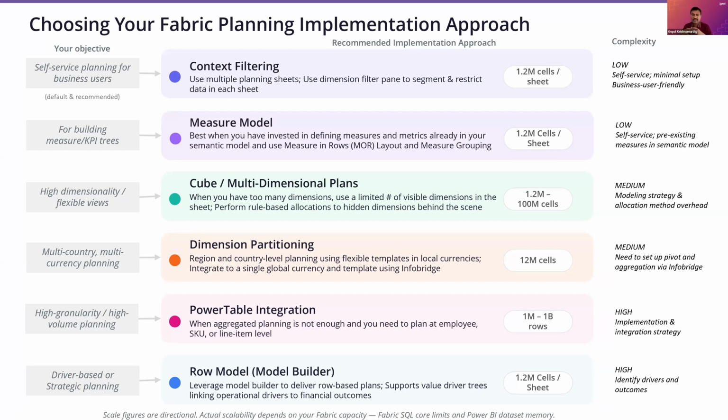So one of the recommendations is, if I have to plan at an employee level, material level, customer level, or at a line item level, that grain, because I can have a material table that is 500 million, or I can have 20 million, 30 million customers, then maintain that very detailed grain in PowerTable. It has a live integration to the planning sheets, which means whatever you change, within less than 5 seconds, it will aggregate, it will do the roll-ups, all of that for you. You just have to think through and model. So we are giving you that option as well.